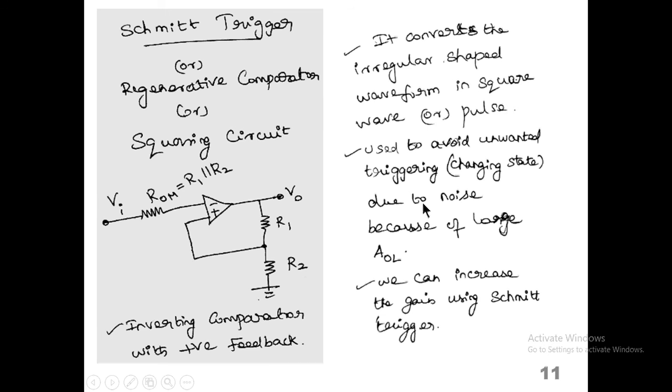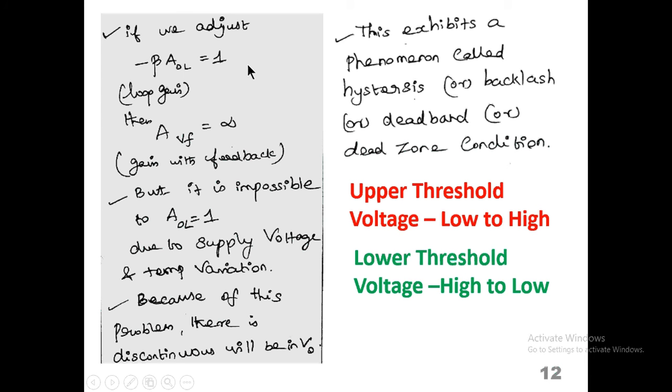Unwanted triggering occurs due to noise, because of the large open loop gain. We can increase the gain by using the Schmitt Trigger circuit. If we adjust the value such that minus beta times the open loop gain equals 1, that is the loop gain, then the feedback voltage gain will be infinite.